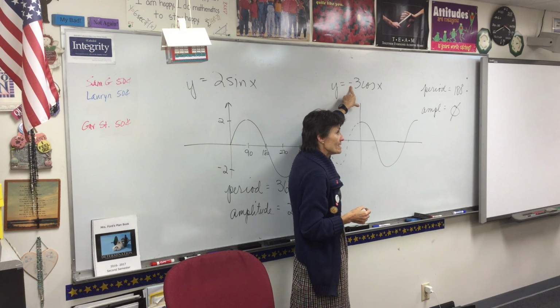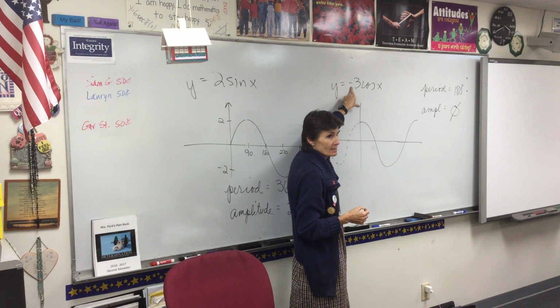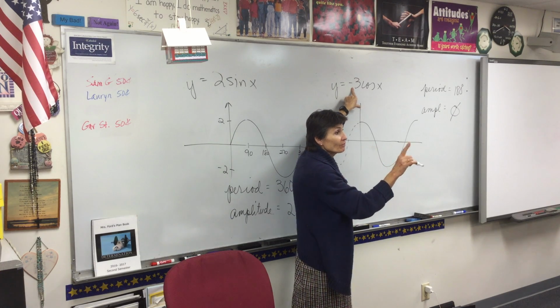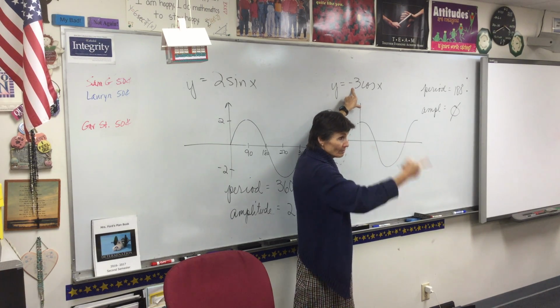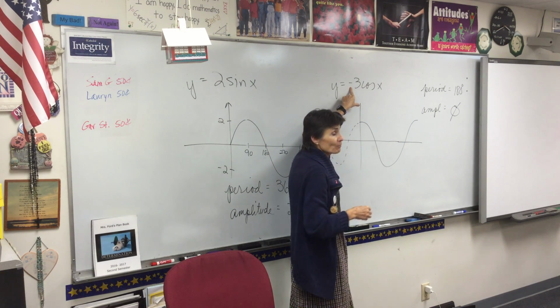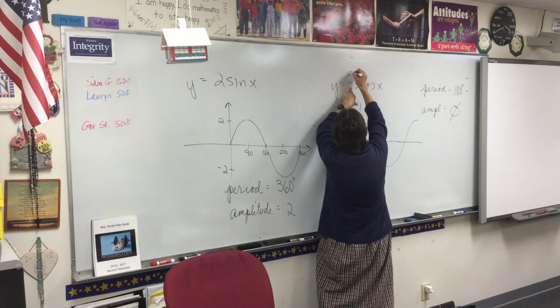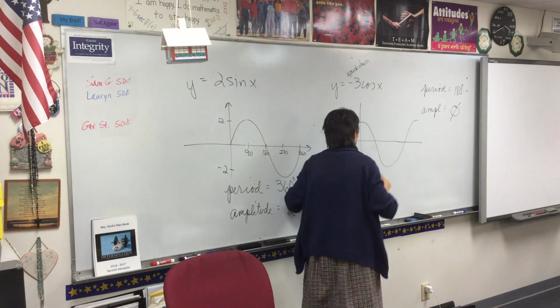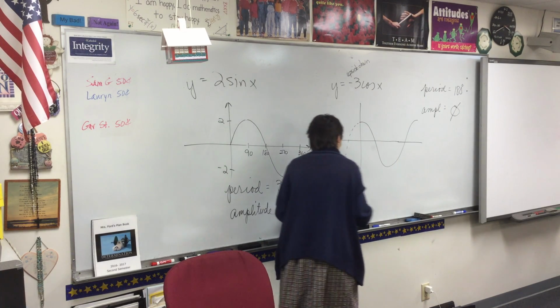Who remembers what a negative out in front does? It flips it over the x. Negatives are flips. So a negative out in front is going to make you go upside down. Now wait a minute. What's that going to look like?